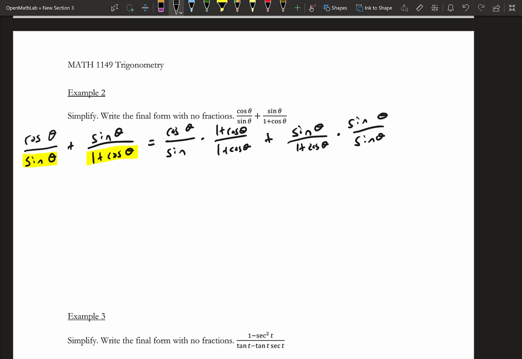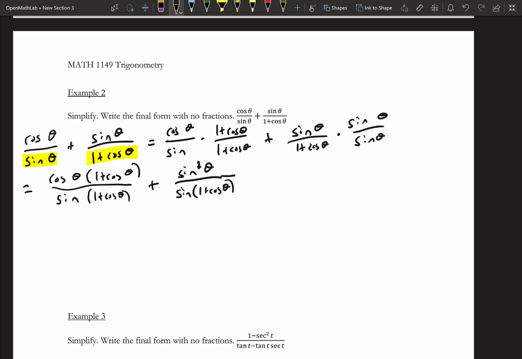This would be equal to cosine theta times 1 plus cosine theta all over sine theta times 1 plus cosine theta, plus sine squared theta all over sine theta times 1 plus cosine theta.